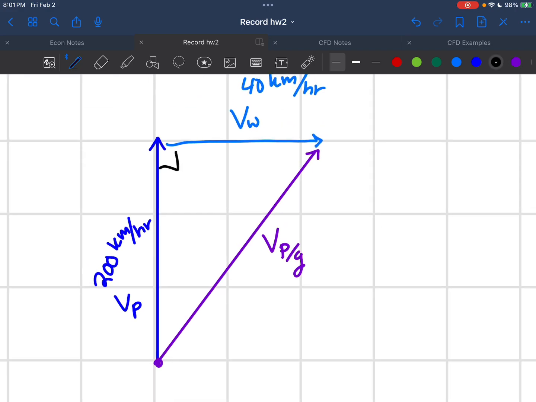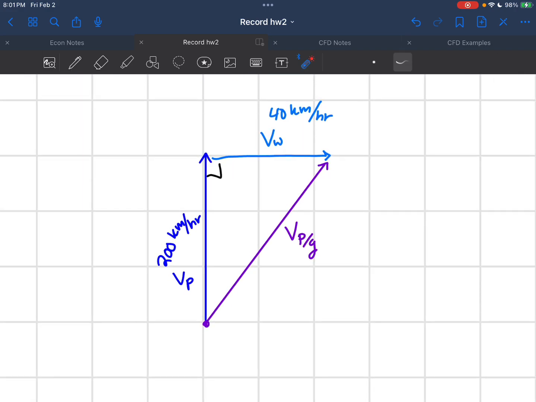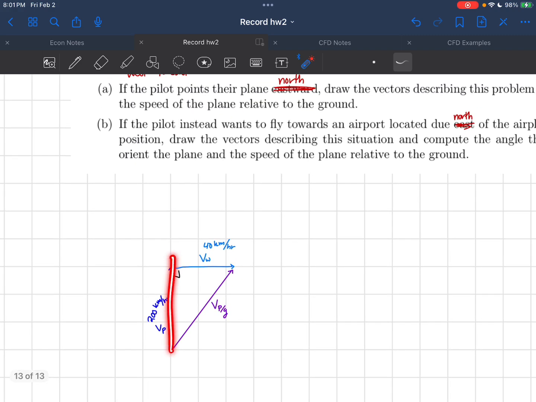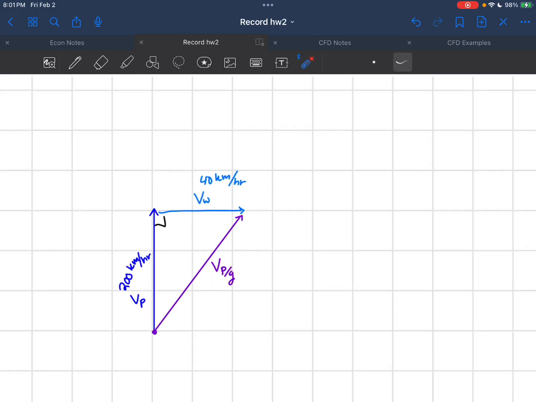So really what we're saying is, this is the velocity of the plane relative to the air. This is the velocity of the air relative to the ground. And together, they combine to make the velocity of the plane relative to the ground. Because I was given that we're pointing the plane due north and the wind is pushing us due east, I put that 90-degree angle there. And we can solve this.